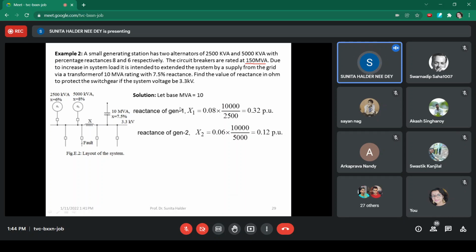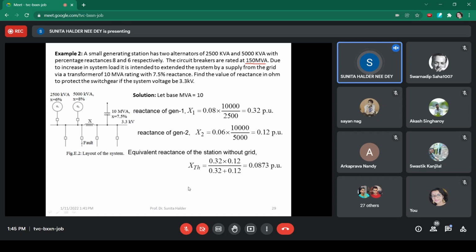This is 10 MVA. So base MVA is assumed as 10, right? If we convert in terms of 10 MVA, it will be 0.32 per unit. Similarly for generator 2, it will be 0.12 per unit.